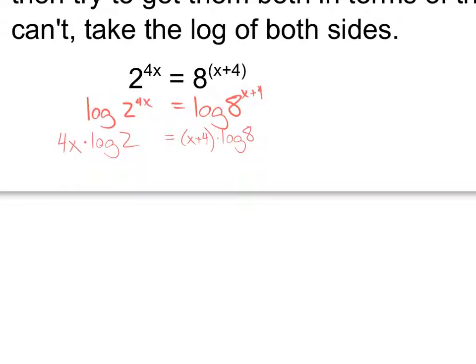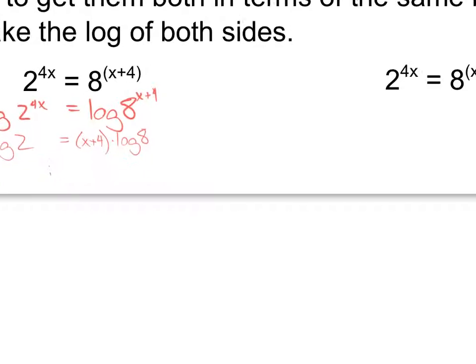Okay, now I'm not going to finish solving it because we need the calculator here to do it. But that is one way you could do it. And the nice thing is that works whether it's 2 and 8 or 2 and 7 or 2 and 11, it doesn't matter. The reason why we have a simpler option when it's 2 and 8 is that 8 can be written as a power of 2.